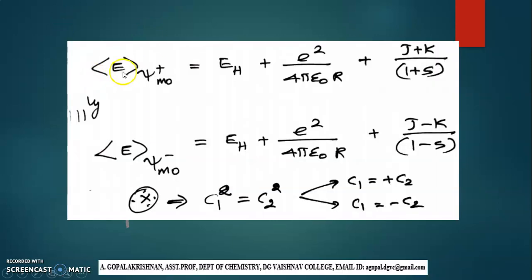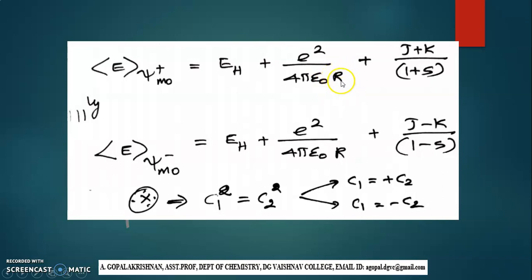So in the last class we derived the expression for the average energy of the psi plus state and obtained this result. I told you that since J and K are both negative, the average energy of the psi plus state of the hydrogen molecular ion will be less than that of the hydrogen atom for larger R values.